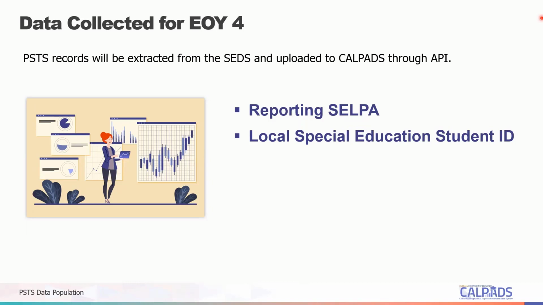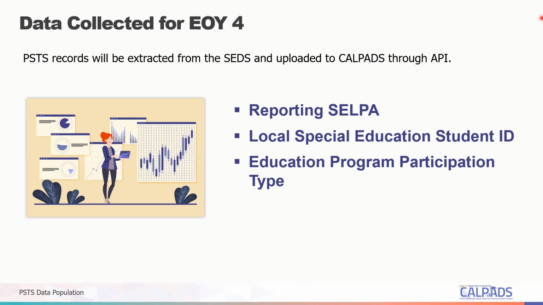It may or may not be the same as the identifier in your local student information system. Next is the education program participation type, which identifies if the survey record is for a CTE pathway completer or SPED student, which in effect tells CALPADS the submission period the record is associated to. So for this instance, you will indicate special education.